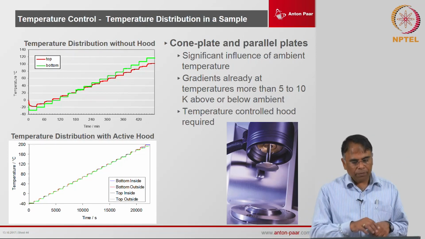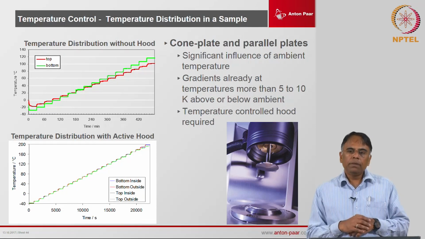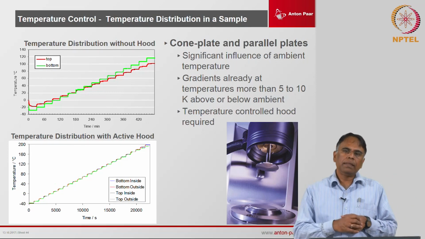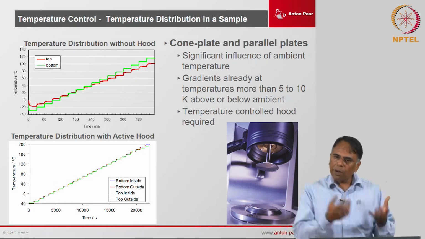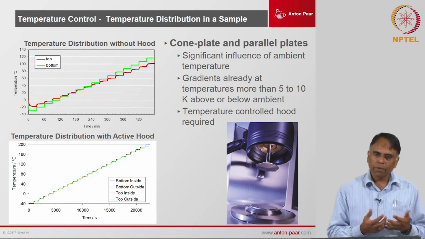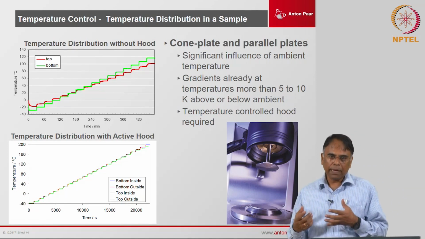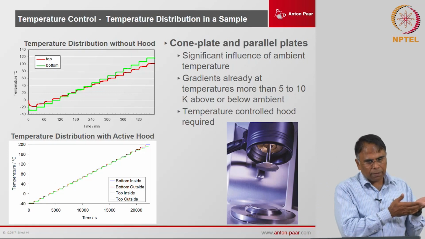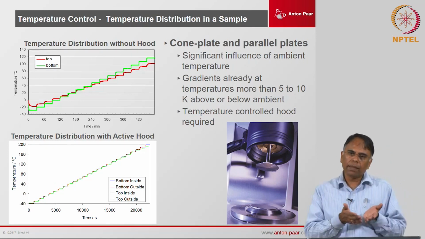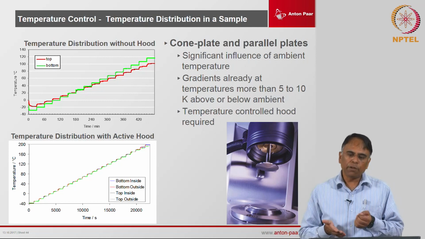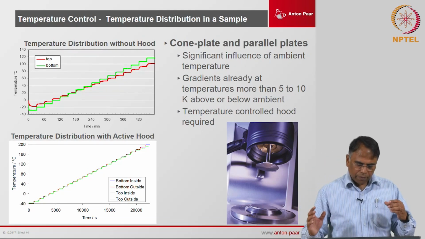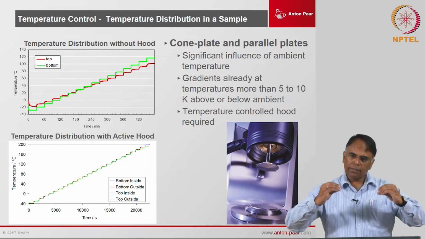Temperature control, we have to always consider equilibrium times, because the hardware, the geometries can heat up very fast, but your sample may not be heating up that fast. So, always make sure that your sample is following the temperature steps that you are giving. It is important to have the temperature control such that you do not have gradients in your sample.